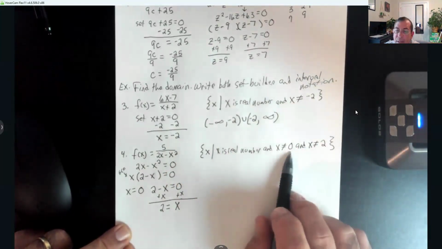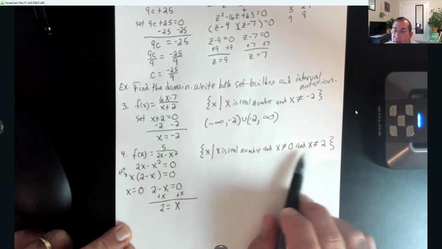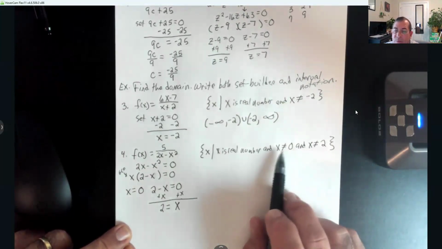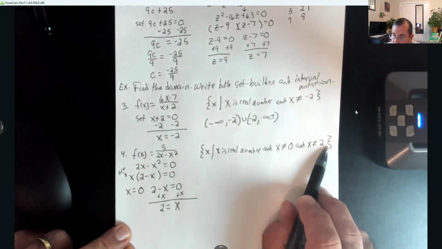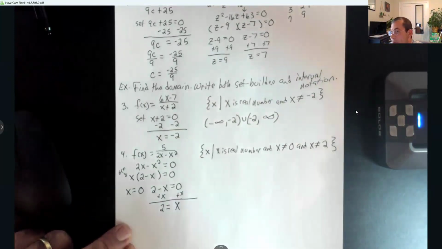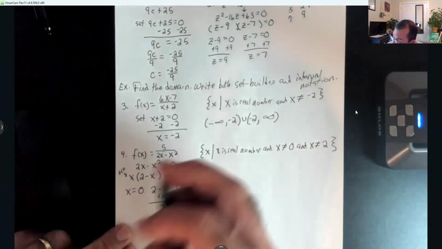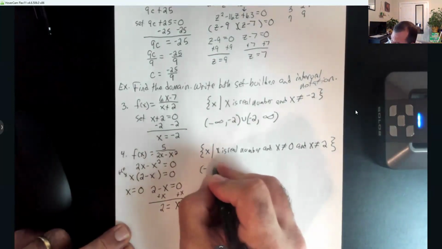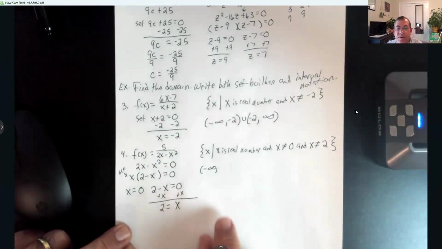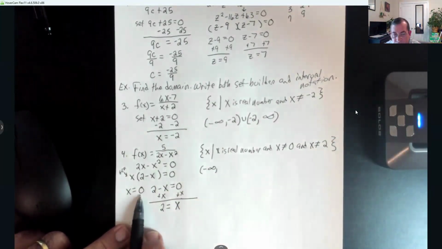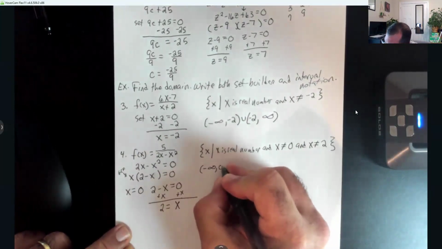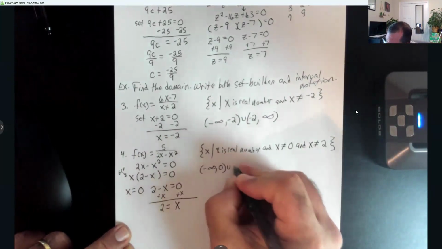These numbers got to be in this ascending order. The smallest number and then the largest number, okay? Same thing with your domain when you write it in interval notation. It's got to go from left to right as you would hit them numbers. So we would hit 0 first. So we're going to union around 0 to kick it out.